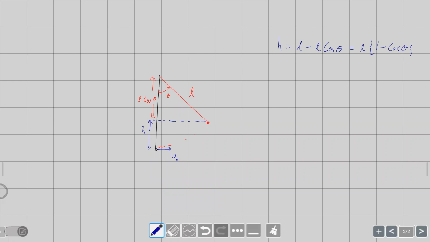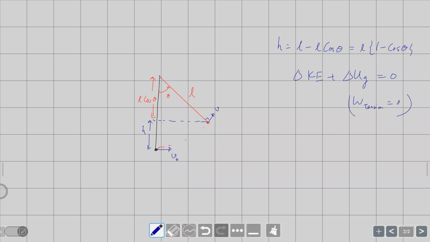So once we have got this, now we know that if the speed of the particle by the time it has reached here becomes v, the tension direction will be perpendicular to the velocity. So we have the change in kinetic energy plus the change in gravitational potential energy equal to the work done by tension, which is zero. Why?